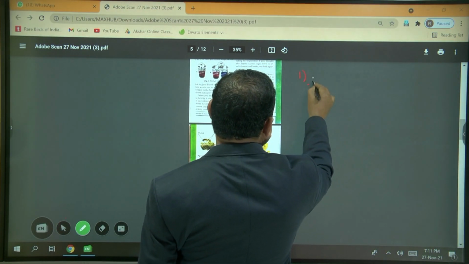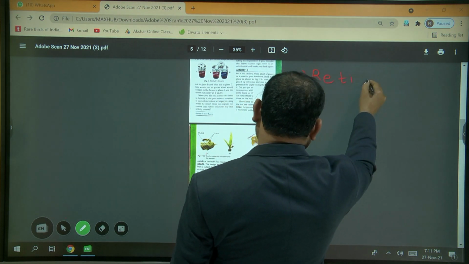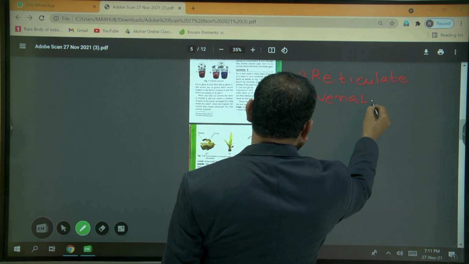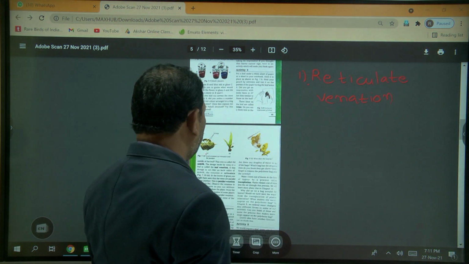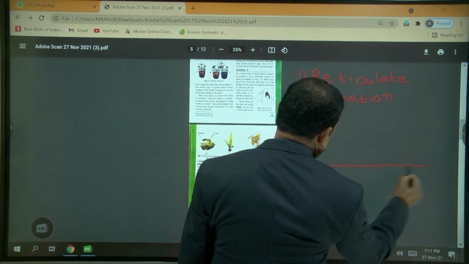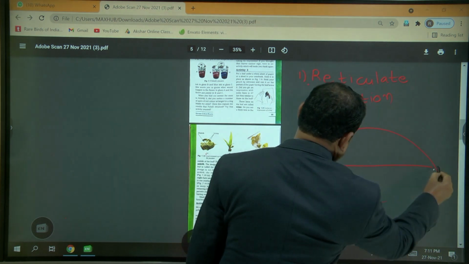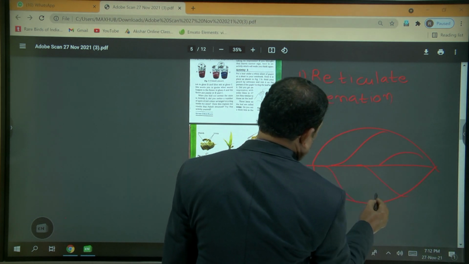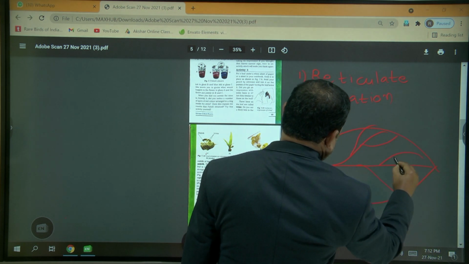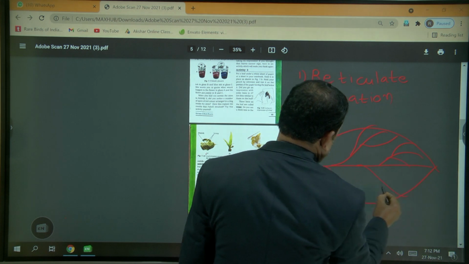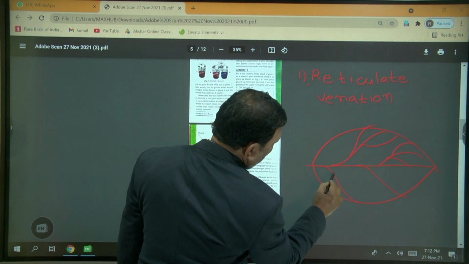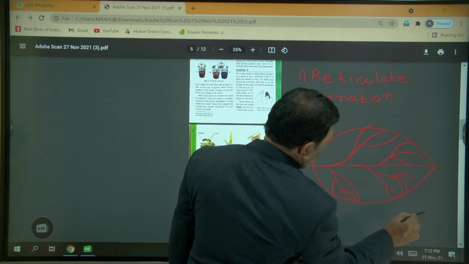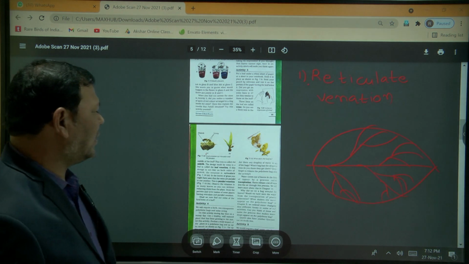First one, reticulate venation. So reticulate venation means, if you see the leaf, like this, it is known as the reticulate vein.